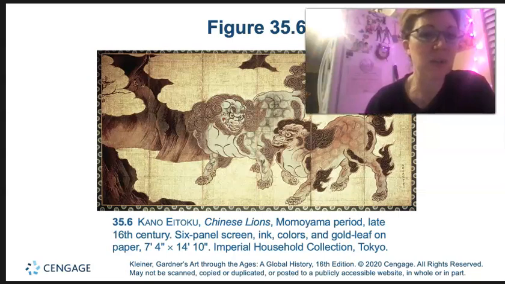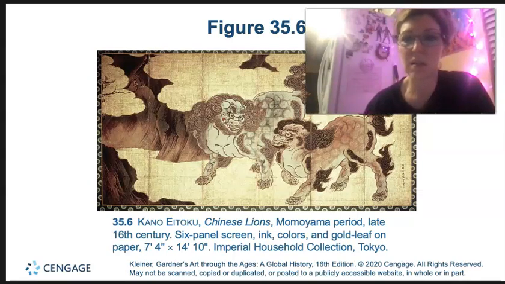So this is Kano Eitoku, Chinese lions. And they look like Chinese dragons to me in the face, you know? But okay, that's just their style. The animals depicted in this Momoyama period six-panel screen are lions.